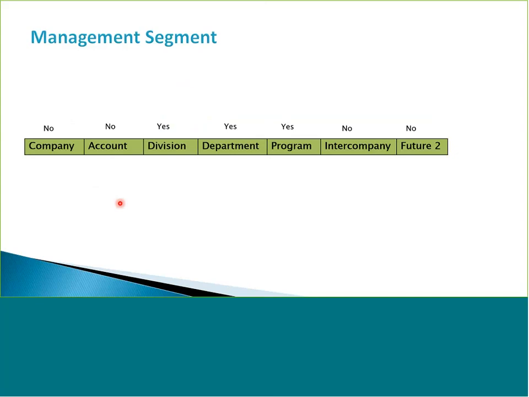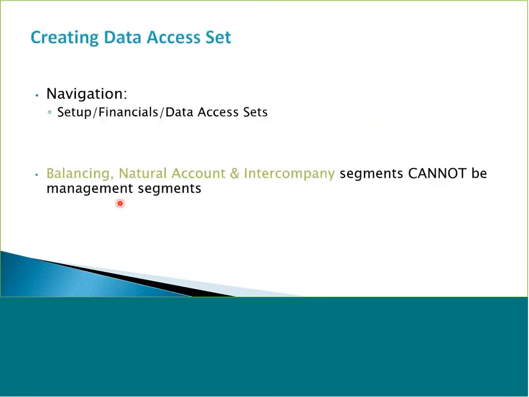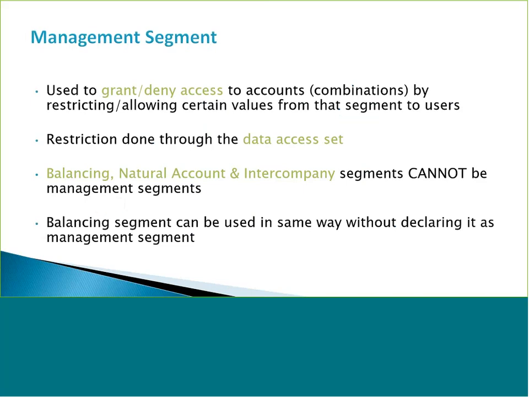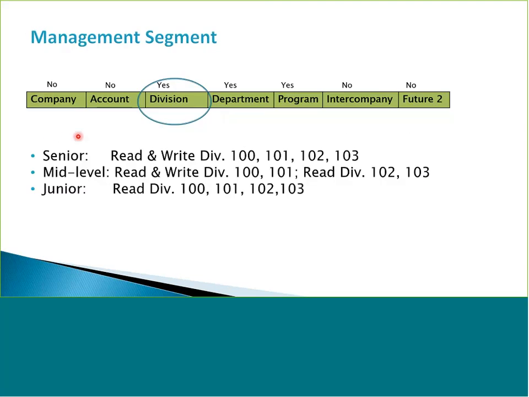The other thing that I wanted to mention also, we said that the balancing segment can also be used in the same way without declaring it as a management segment, right? So in this scenario that I have implemented here, instead of using the management segment to grant or deny access, we can use the company segment.